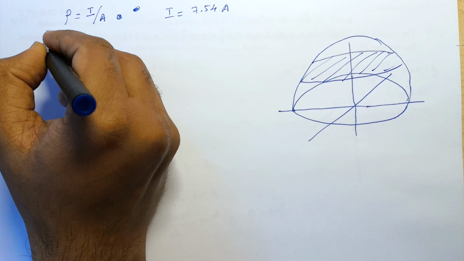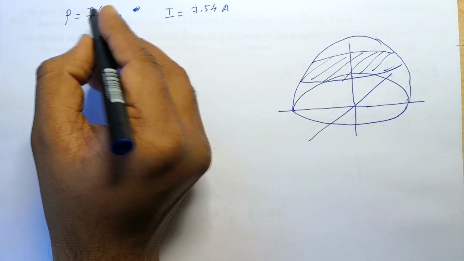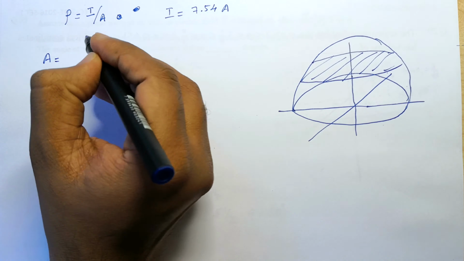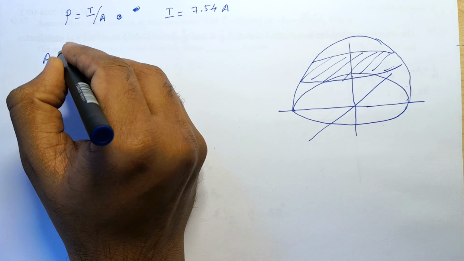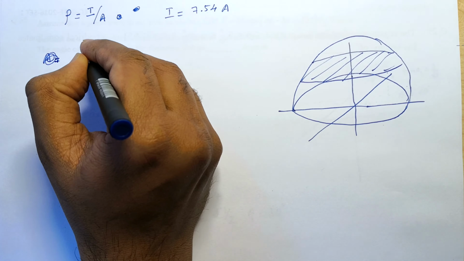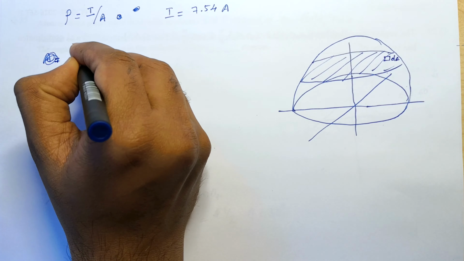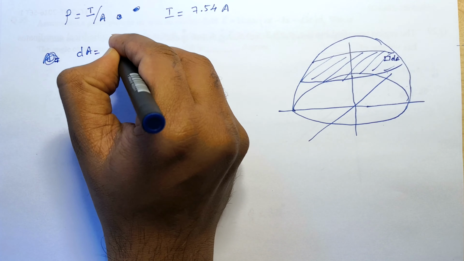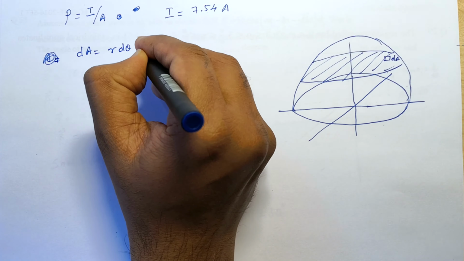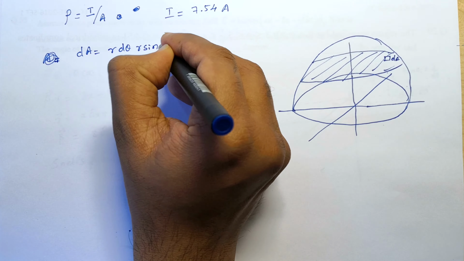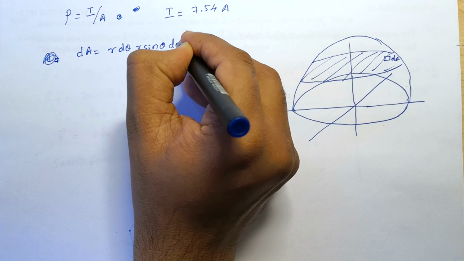In spherical coordinates, as we found out before, the small incremental area dA is given as r d theta times r sin theta d phi.